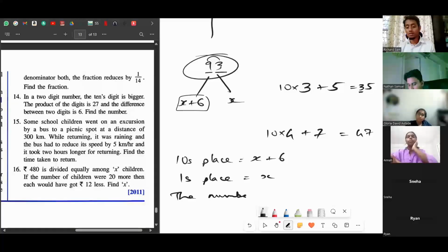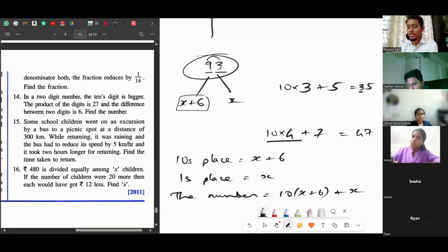What is the number? 10 into x plus 6, plus x. You're multiplying 10 with the tens digit and just adding the ones place to it. Just like how we did here. 10 into a tens place plus the ones place. Leah, you understood this? Okay, so this is your number.